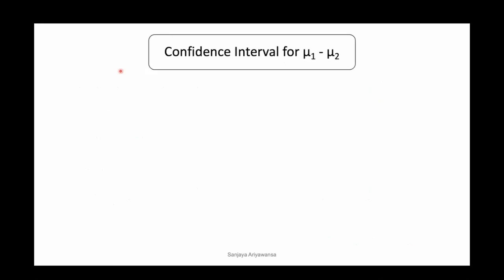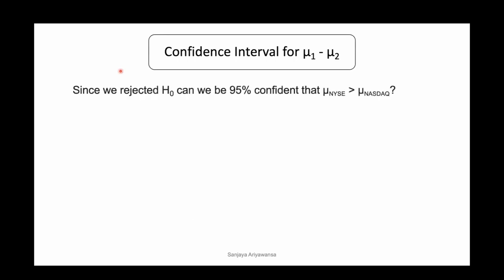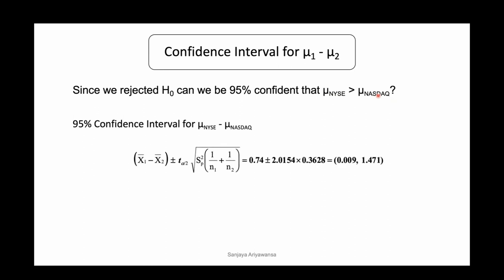So if you were to look at this from a confidence interval perspective for mu1 minus mu2, you would be asked, since we rejected H0, can we be 95% confident that the mean dividend yield of the New York Stock Exchange is greater than the mean dividend yield you get by investing in the NASDAQ? So what is your confidence interval? You have the equation which is given in the exam.